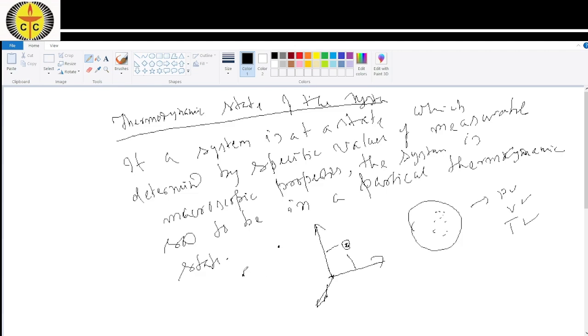From this point to this point, both are state points, obtained by varying the values of the measurable macroscopic properties. In the particular case I gave, a gas enclosed in a chamber with pressure, volume and temperature, different sets of values of pressure, volume and temperature give different states of the system.